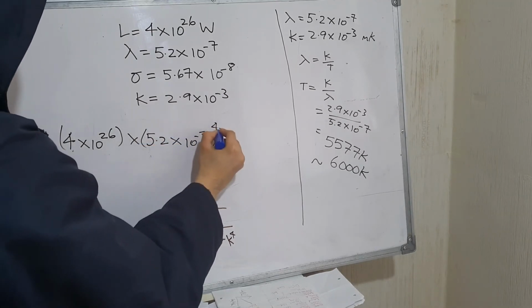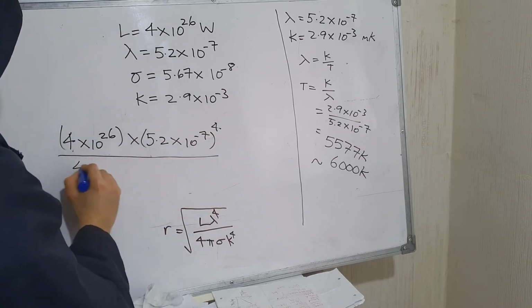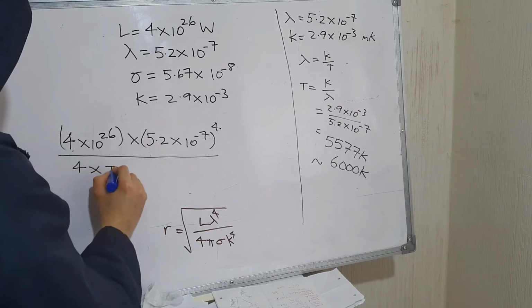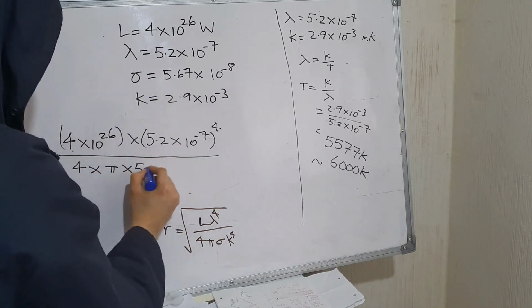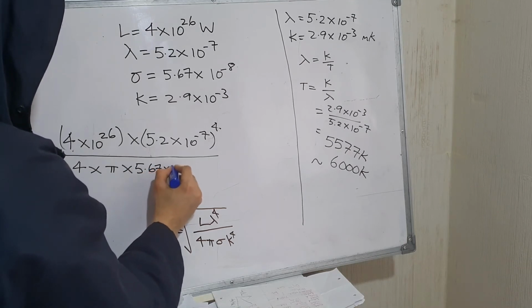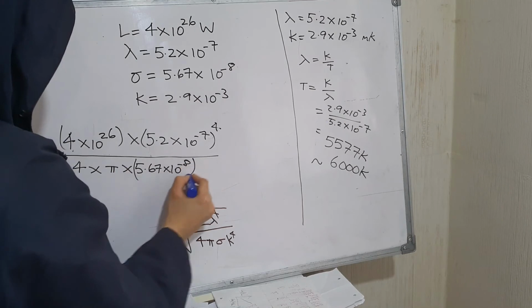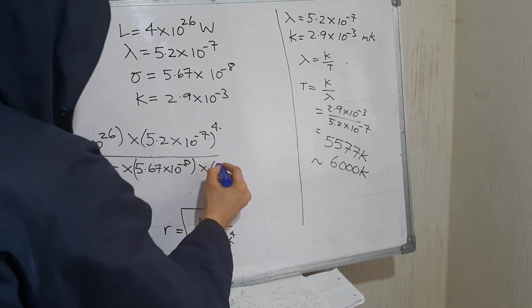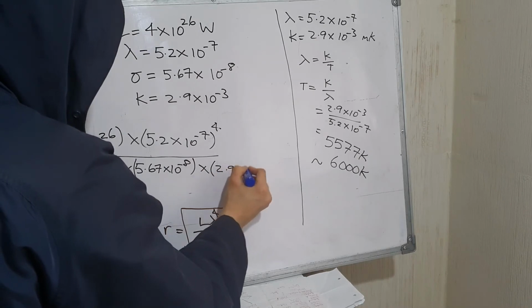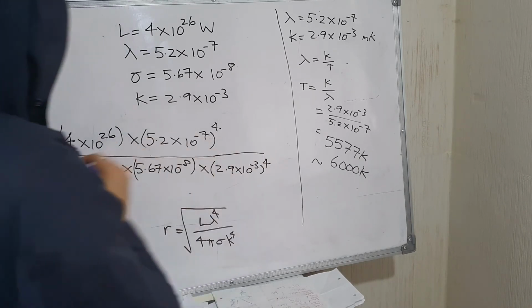And this is 4 times pi times sigma is this. And k to the power 4. And this is all square rooted.